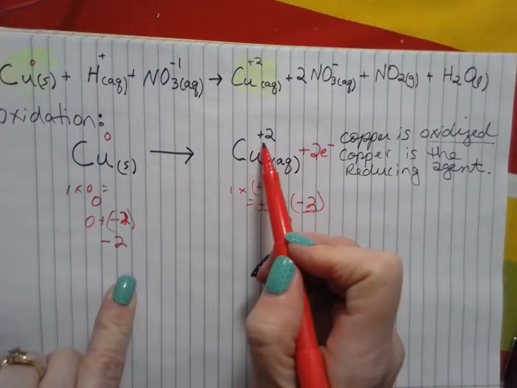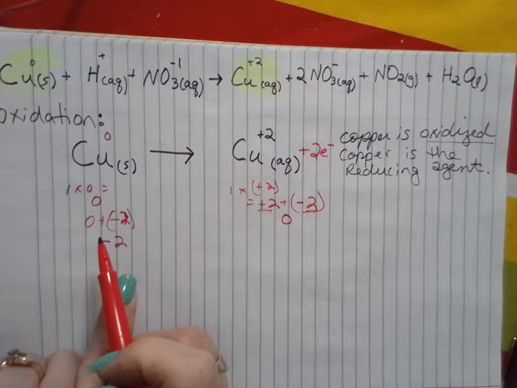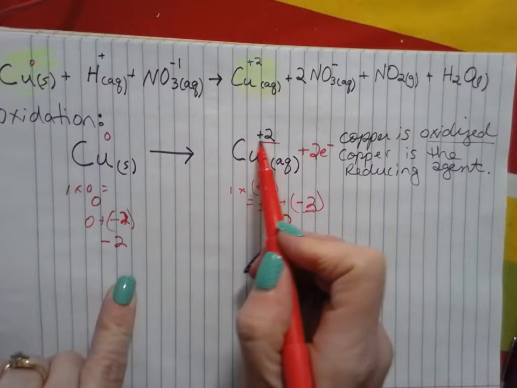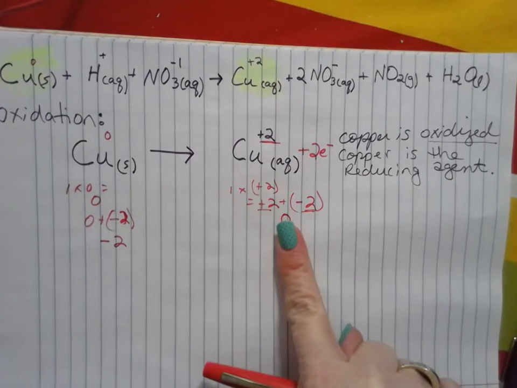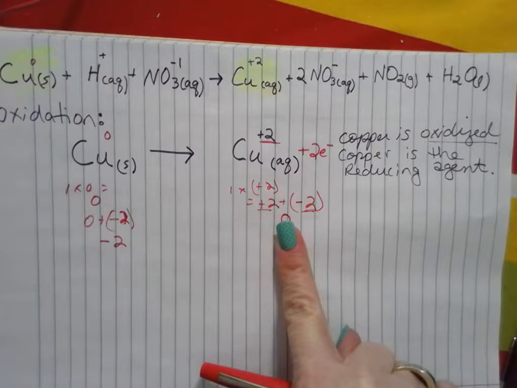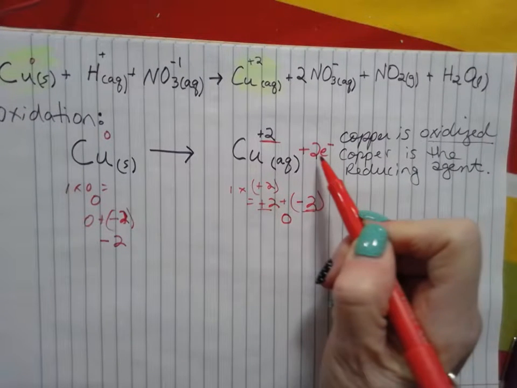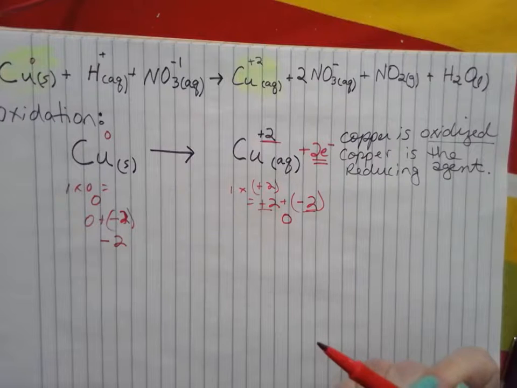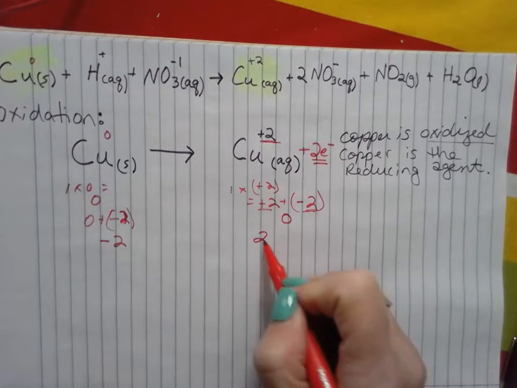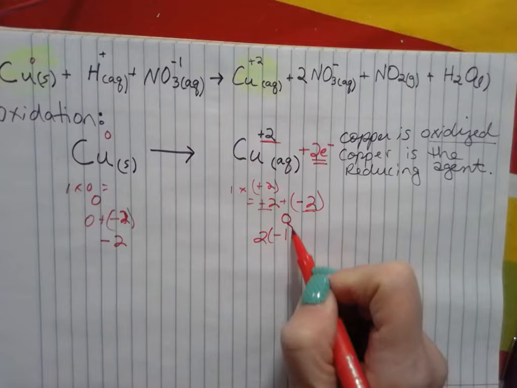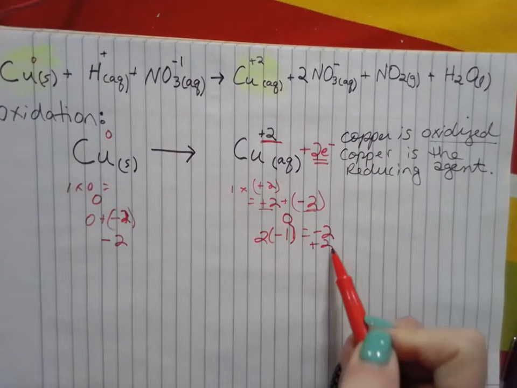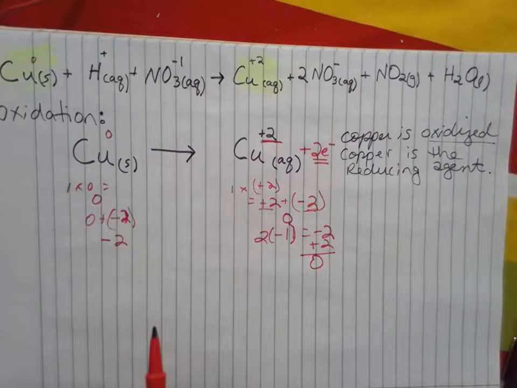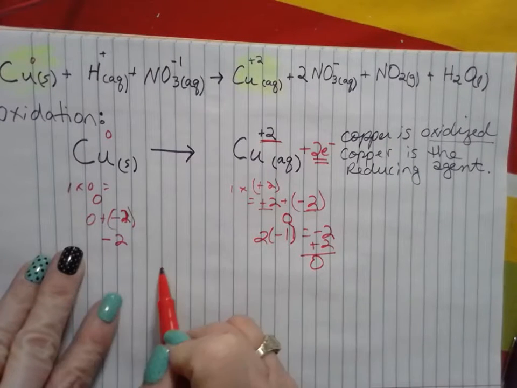But that's not going to help me, because no matter how many negatives I add over here, it will not give me a positive right here. So if I add 2 negative electrons here, that's saying 2 times -1 charge gives me -2, added to this 2 gives me an overall 0. Now both sides will have an overall 0 charge.